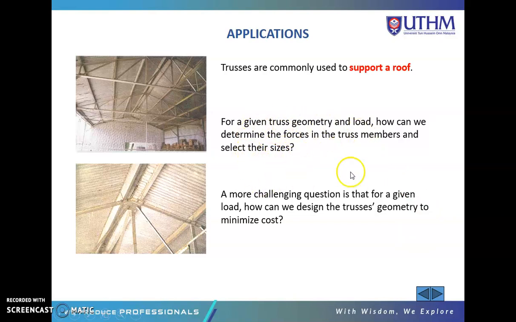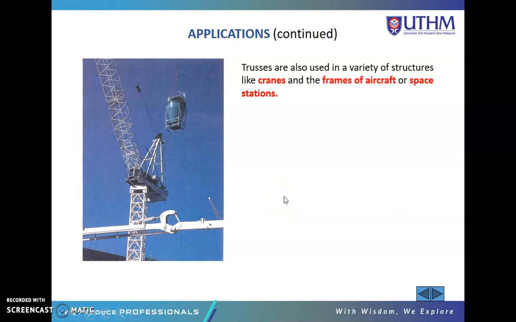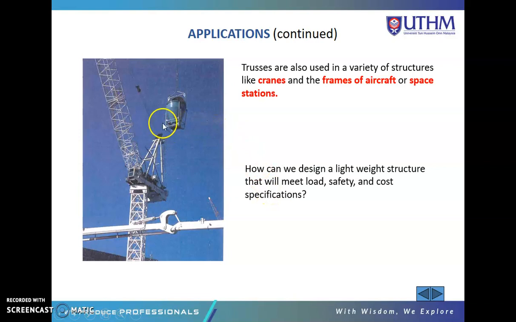Ni yang kita kena analyze, the internal forces. And a more challenging question is, for a given load, how can we design the truss geometry to minimize the cost? Of course, we don't want to propose a design that will have a higher cost.